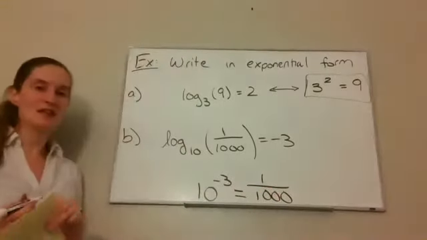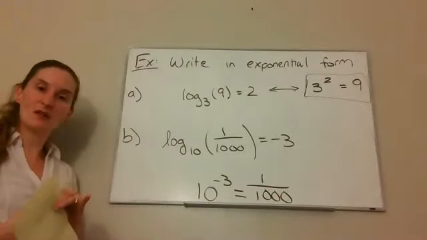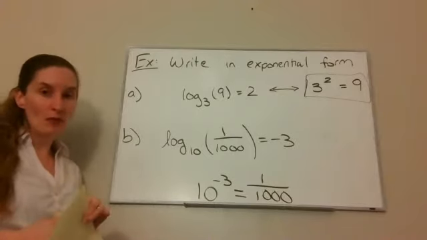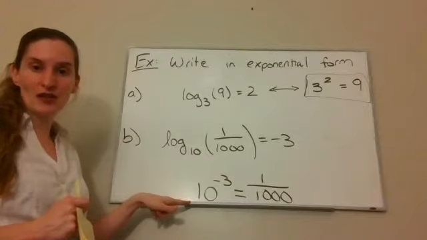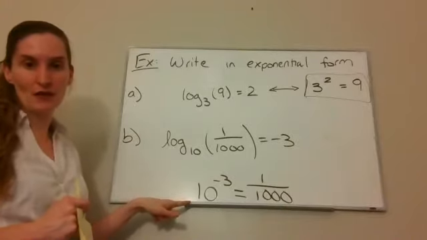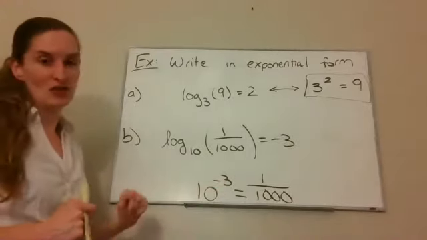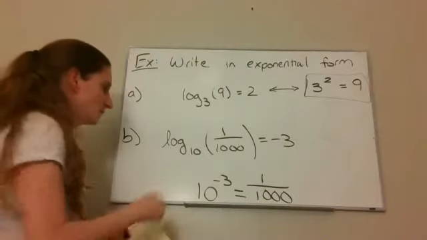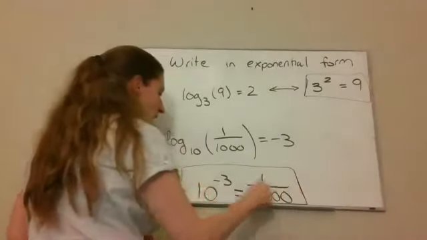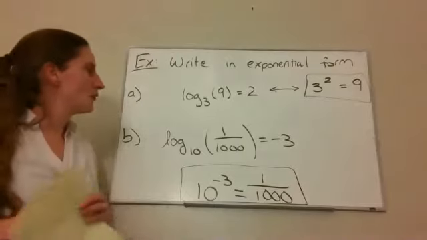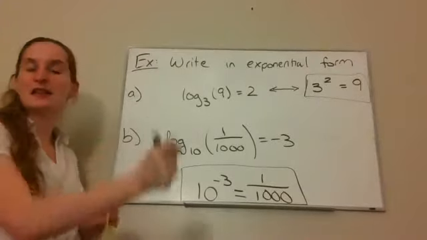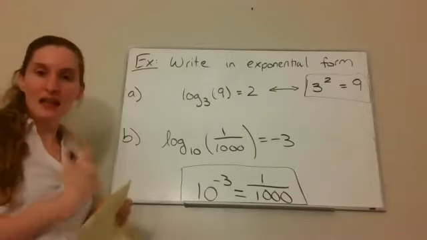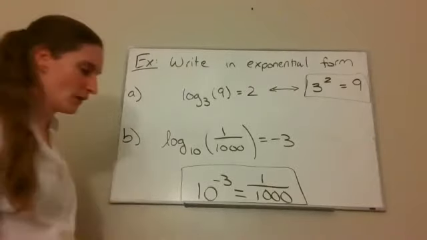So I get 10 to the negative third power is 1/1000, which is true. Remember, a negative exponent would flip this underneath the fraction, so it'd be 1 over 10 to the third, and that would get you the 1 over 1,000. All right, so that's how we switch from a logarithm to an exponential. It's base to the other side of the equation equals the stuff that's inside the logarithm.